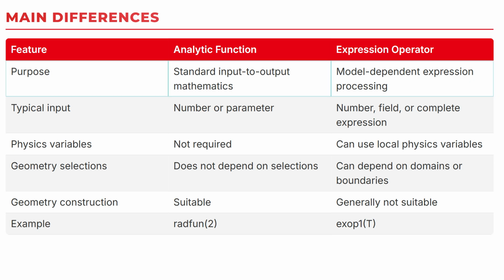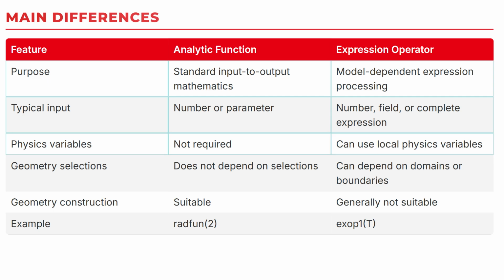In purpose, an analytic function has a standard input-to-output expression, whereas an expression operator does model-dependent expression processing. The typical inputs are a number or parameter for an analytic function, whereas for an expression operator it can be a number, field, or complete expression.